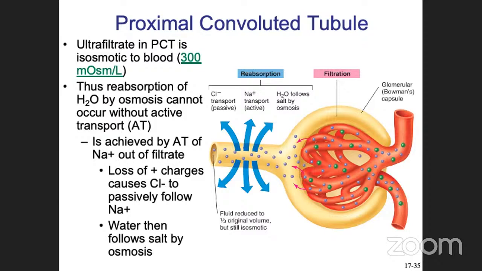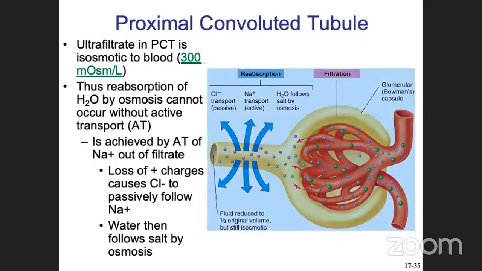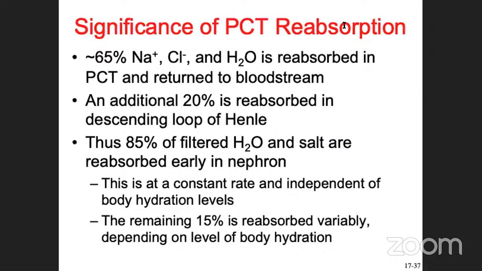Okay, and the water then follows salt by the osmosis gradient. So the significance of the PCT reabsorption: around 65% of sodium, potassium, and some chlorides is reabsorbed in the PCT and returned to the bloodstream.